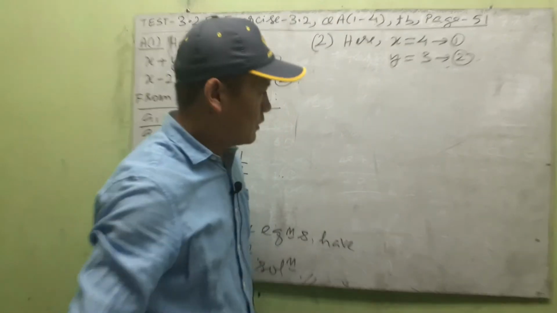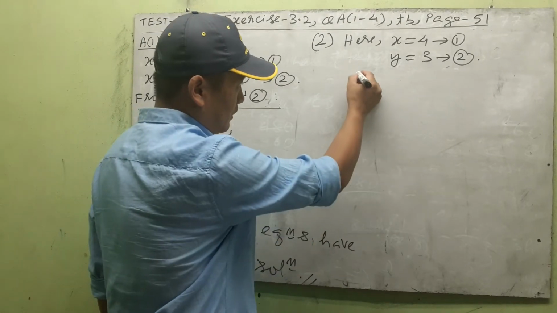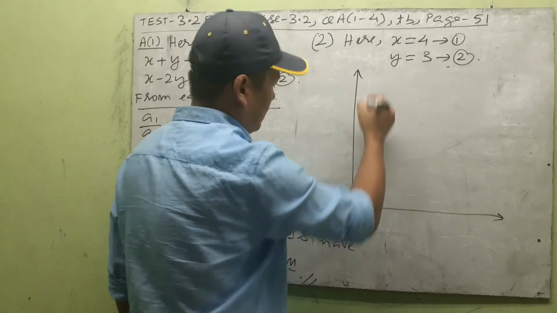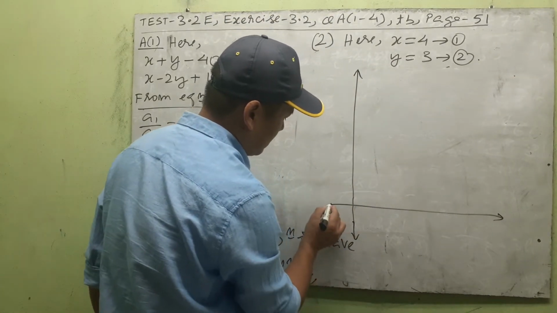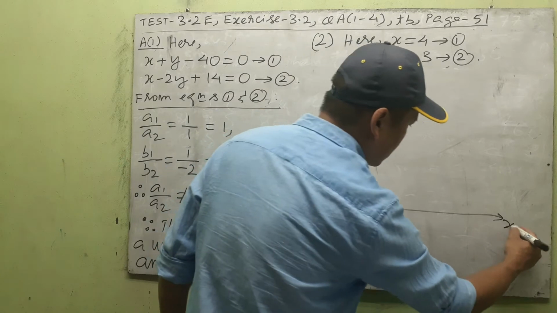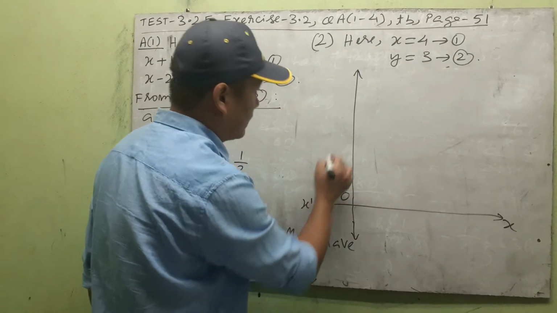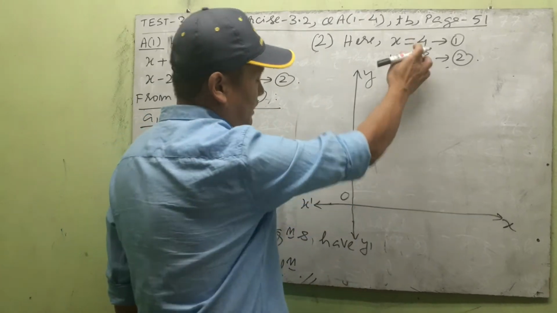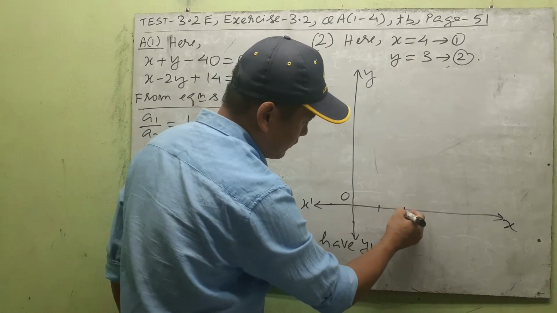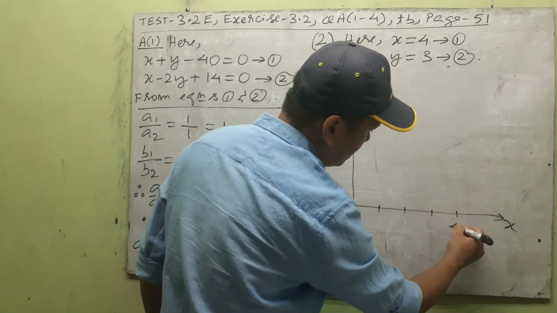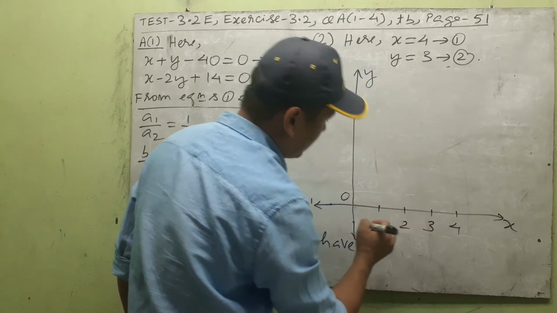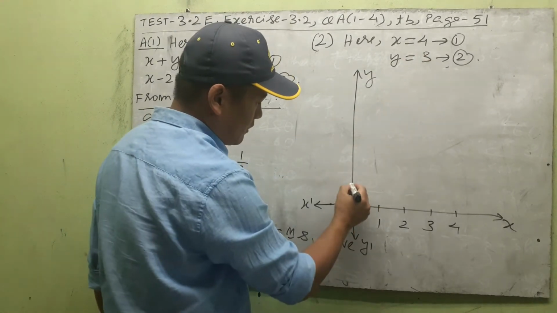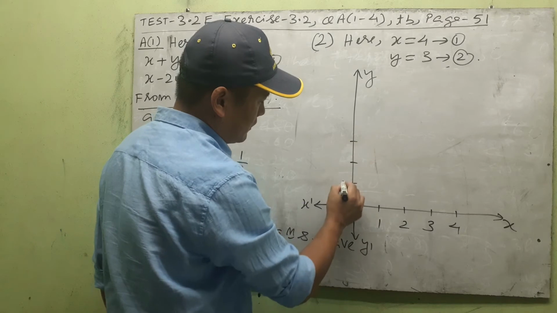Then you can take your graph paper and then draw your x-axis and then y-axis. So here x0 x dash, y0 y dash, and value of x maximum is 4, so plus 1, 2, 3 and 4. Okay, then y maximum is 3, so on this positive plus, so 1, 2 and 3.